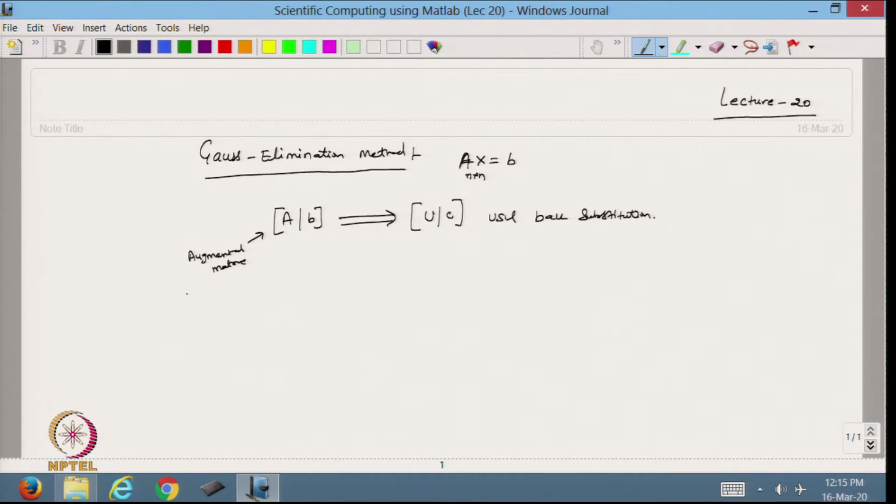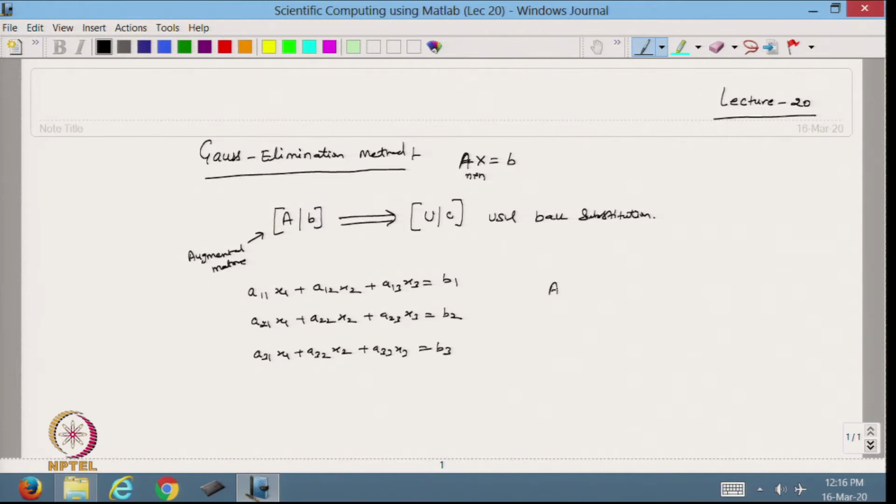So, for example, let us take a 3 by 3 system. I will define it as A11 x1 plus A12 x2 plus A13 x3 is equal to B1; A21 x1 plus A22 x2 plus A23 x3 is equal to B2; A31 x1 plus A32 x2 plus A33 x3 is equal to B3.